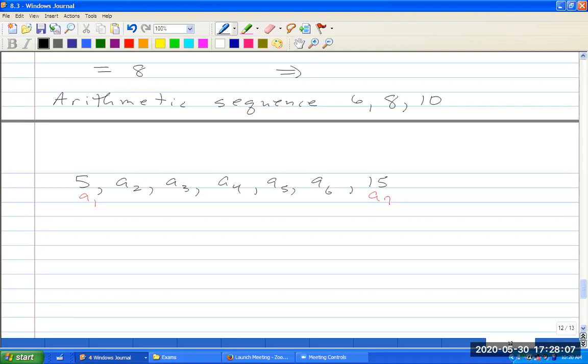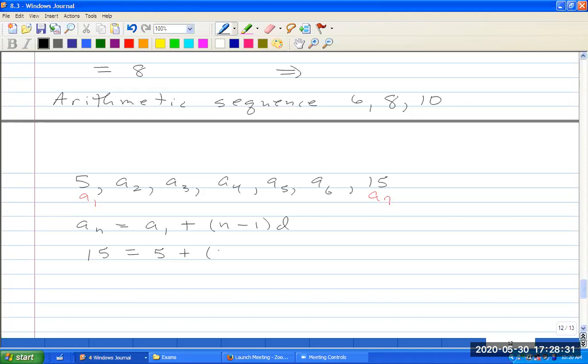So I know the general term of an arithmetic sequence is given by the following formula. So the seventh term is equal to the first term plus (7 minus 1) times d.